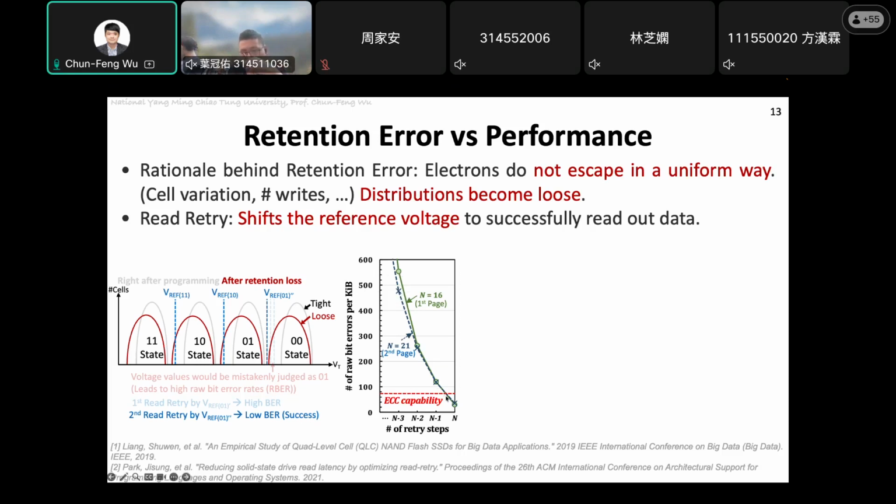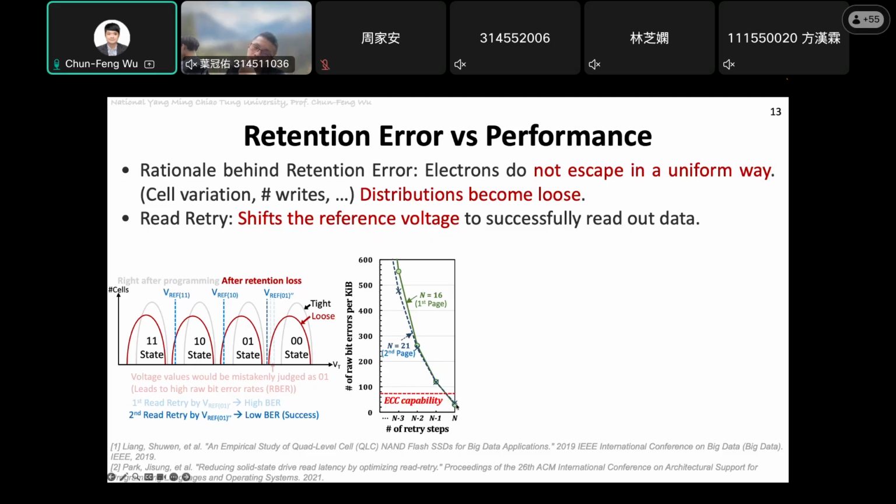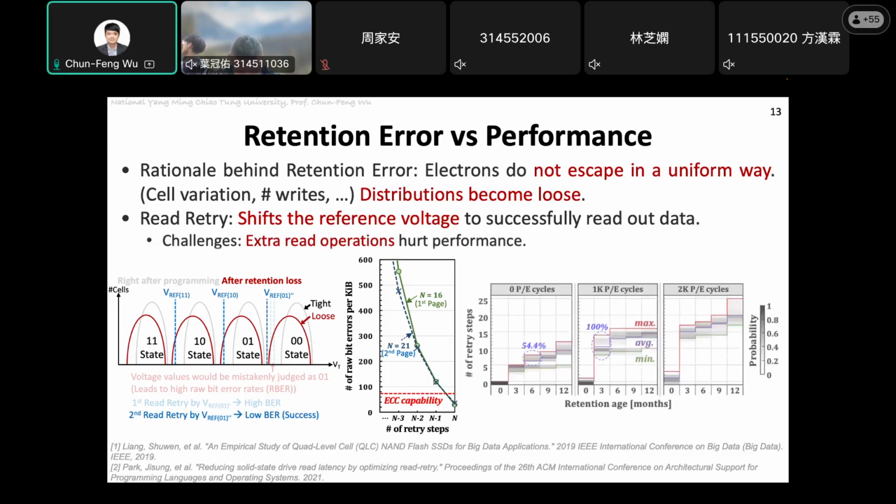Only when the error drops below the ECC capability can we start to do the retry. This is the reason we need to retry a lot of times. We always slightly move the reference voltage to the left-hand side until the ECC engine says, okay, I can handle this bit error rate.